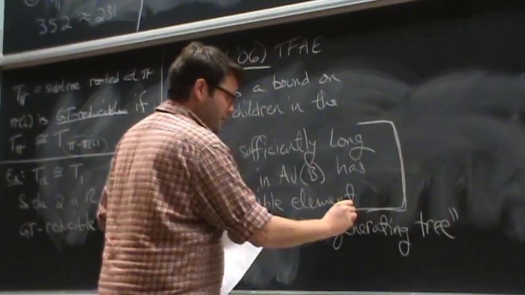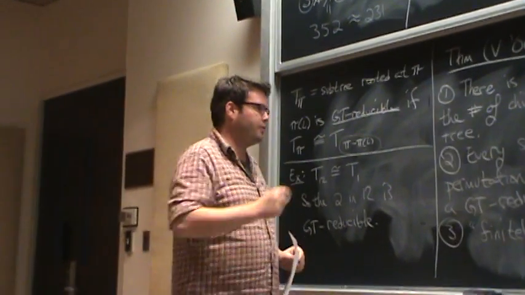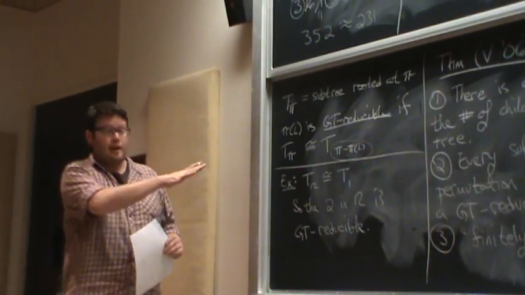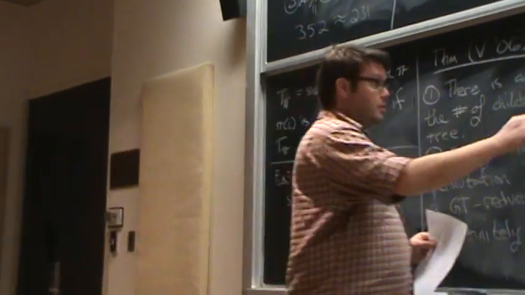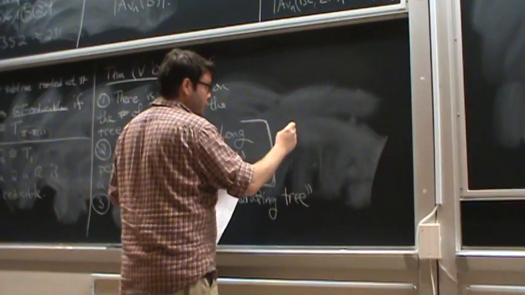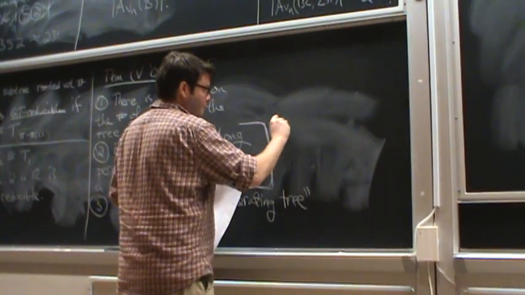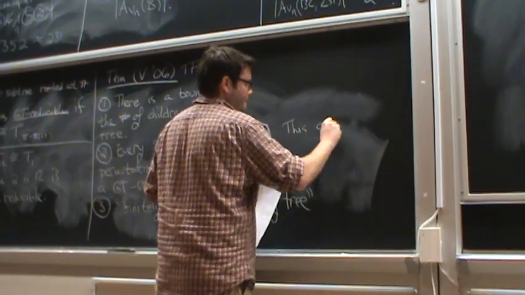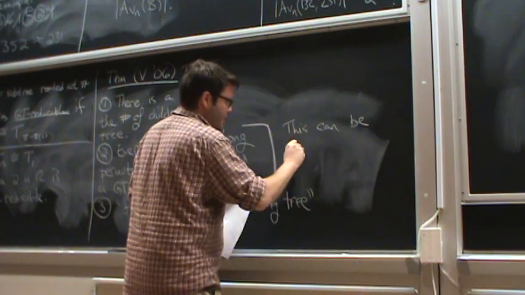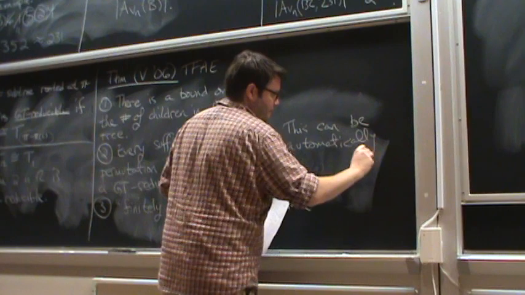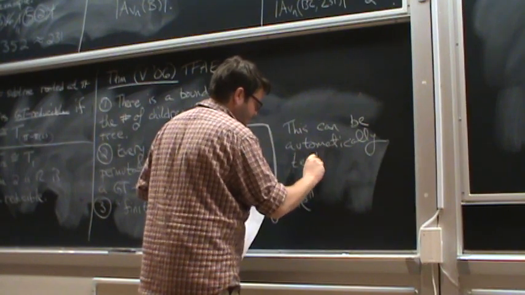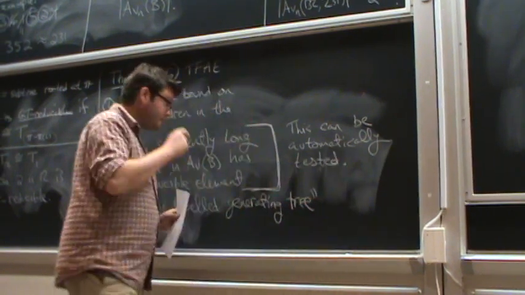And then the other thing, in order to actually implement this in the computer, you want to be able to test for these GT reducible elements. And so that's the other result. This can be automatically tested. Okay.